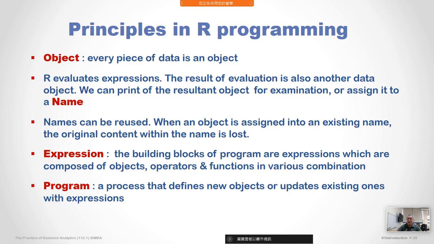So you can use the resultant object to define new object or update the existing object, isn't it? And then a sequence of this code is called a program. Okay, so now you know what is program, right?